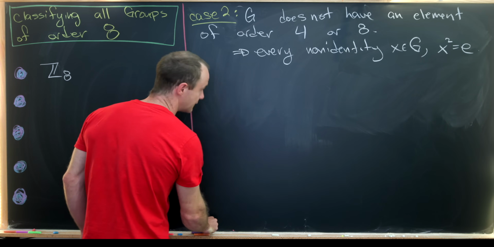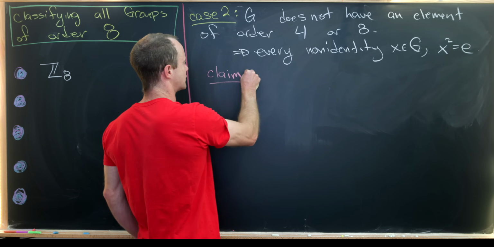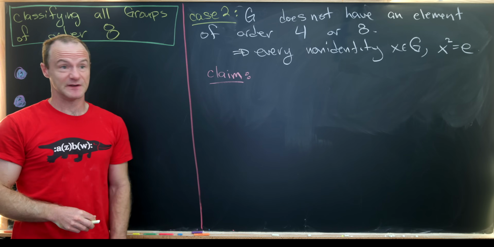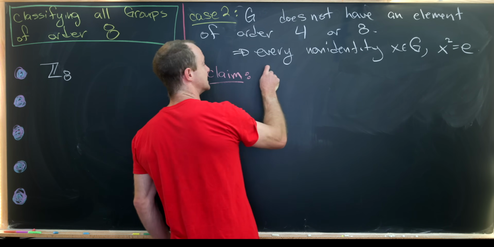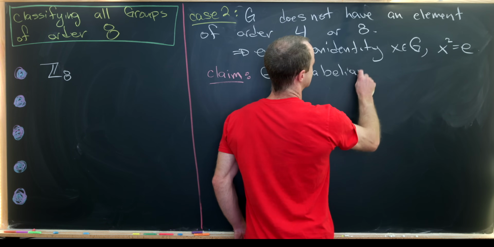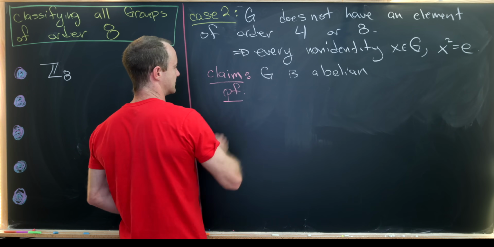Now here we're going to prove a little bit of a subclaim. This subclaim is a pretty standard homework exercise from maybe the first day that you learn about groups in a class like this. And that would be G is abelian. So that's our subclaim, like I said. Let's look at the proof of this subclaim.